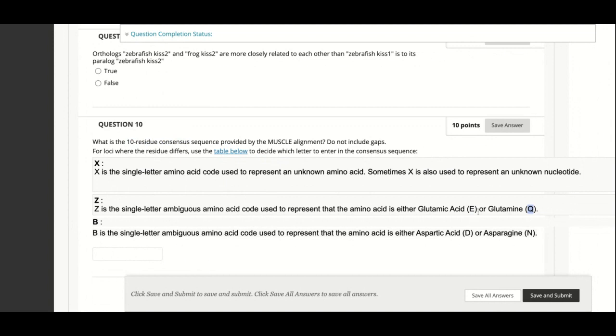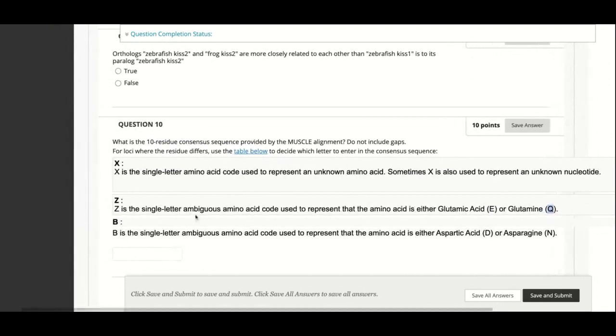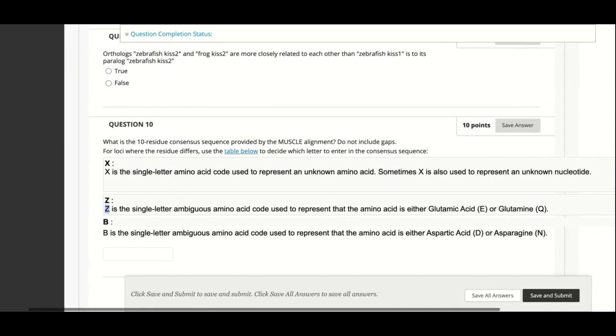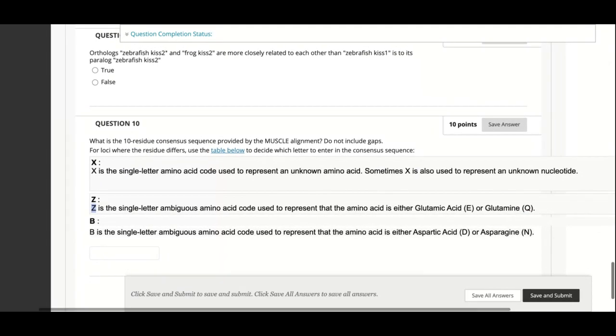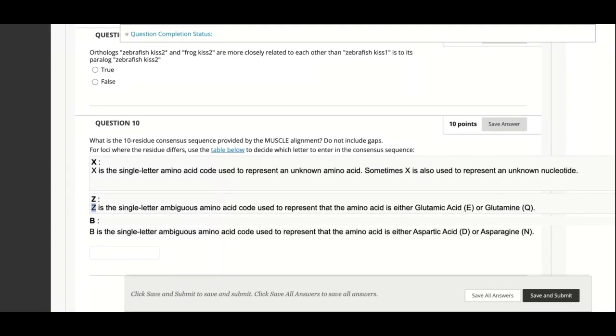Then the answer is no, don't do either E or Q, write Z instead. And you don't have to memorize this. Mainly this question is to show you how we look at consensus. How do we find a consensus sequence in an alignment?